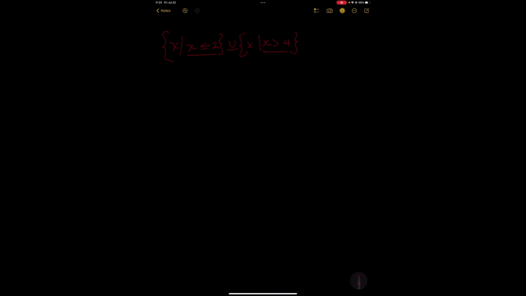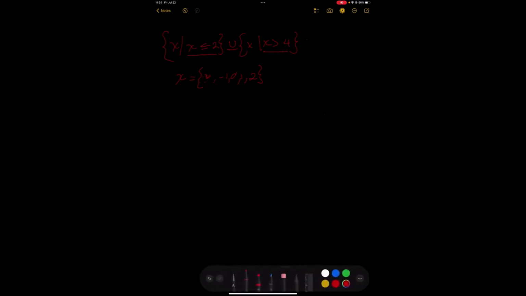Well, x less than or equal to 2 means that x has all these numbers in it. They start from 2, that's the highest you can get, and it goes to 1, 0, -1, and all the way to negative infinity.